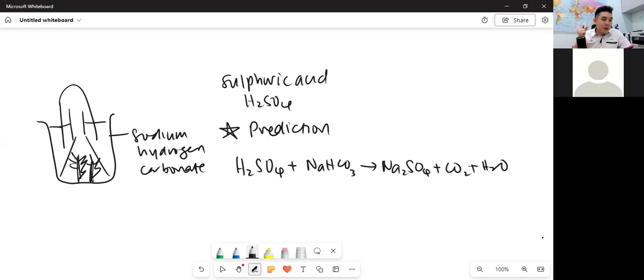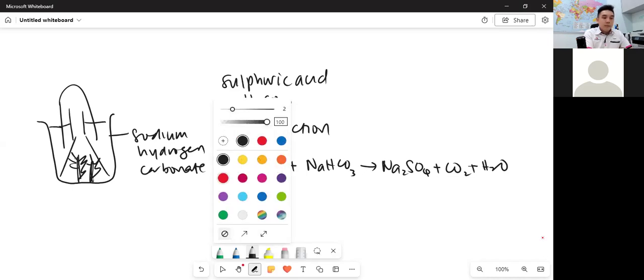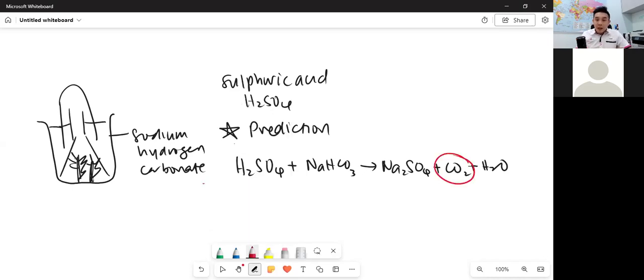So probably the question might ask, what will happen if we add sulfuric acid? If you ask me, the answer is here. When sulfuric acid reacts with sodium hydrogen carbonate, CO2 is released, carbon dioxide is released.